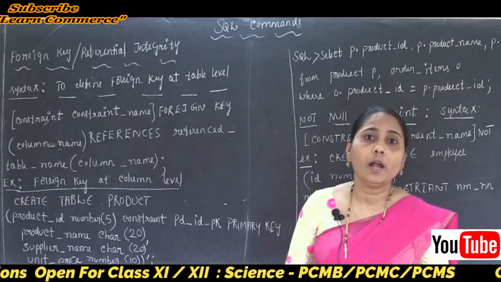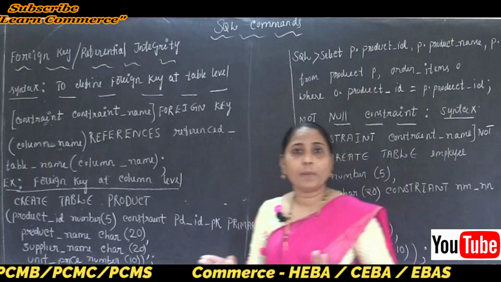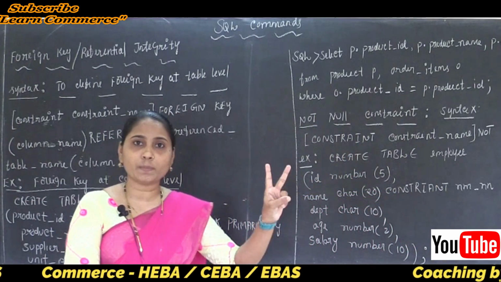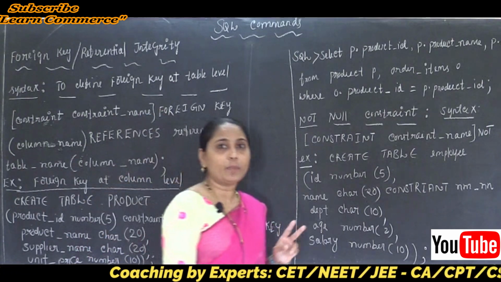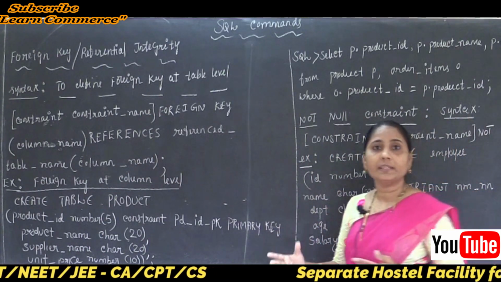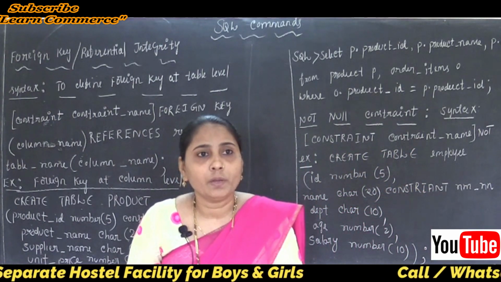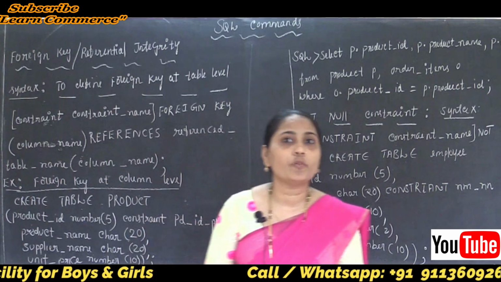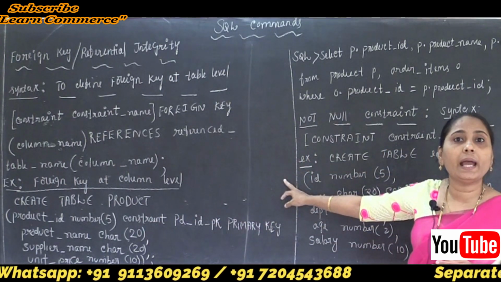Clear this point here. Why? Because it establishes the relationship using two columns, and such columns may be in the same table, or in different tables. And we can say in another way, for a column to be defined as the foreign key, it should be defined as the primary key in another table.